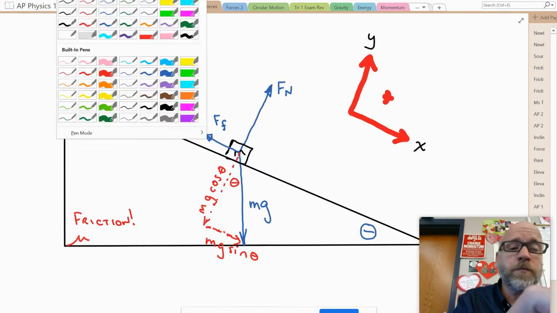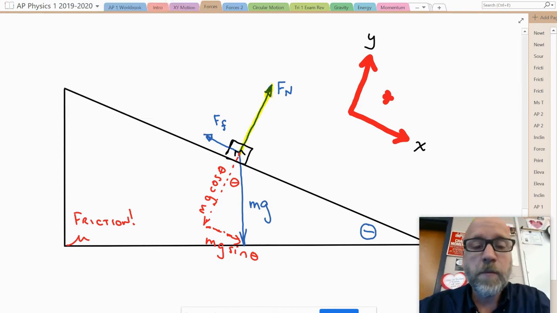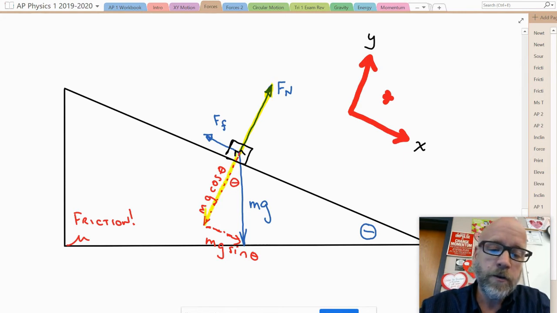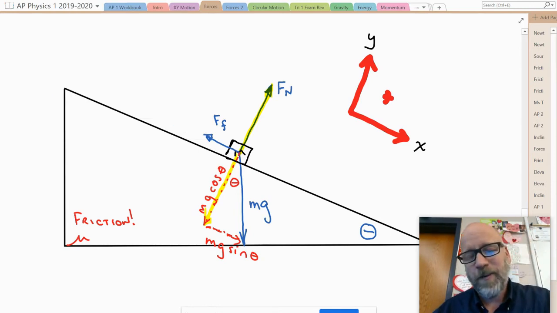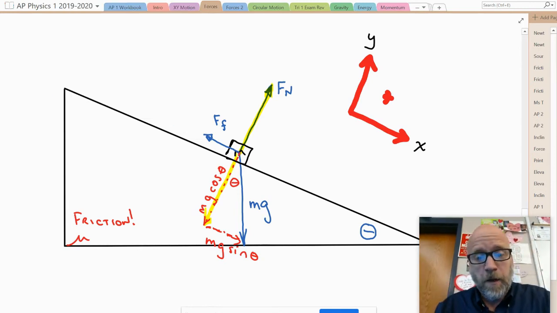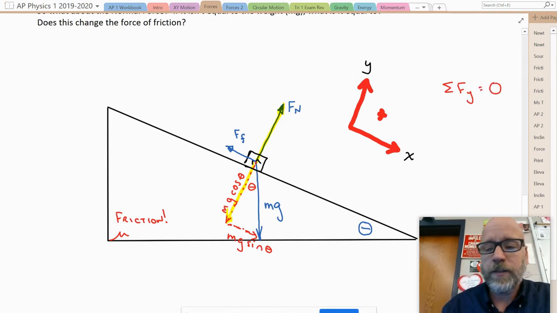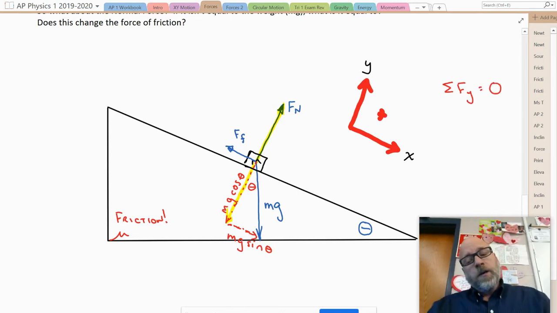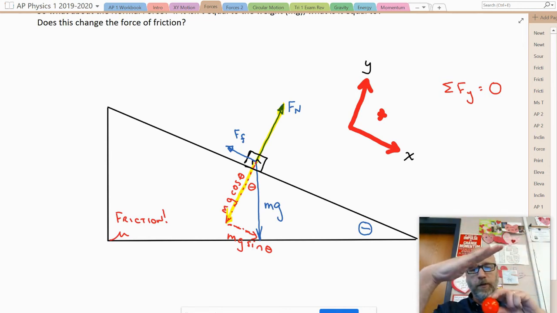Now, I purposefully drew the normal force vector to be the same length as mg cosine of theta. I knew to do that because I've done this problem like 5,000 times in my life, but also because I can see that the sum of the forces in the y direction has got to be equal to 0. The inclined plane is not going to cause the ball to jump off of it, nor is it going to break through that inclined plane.